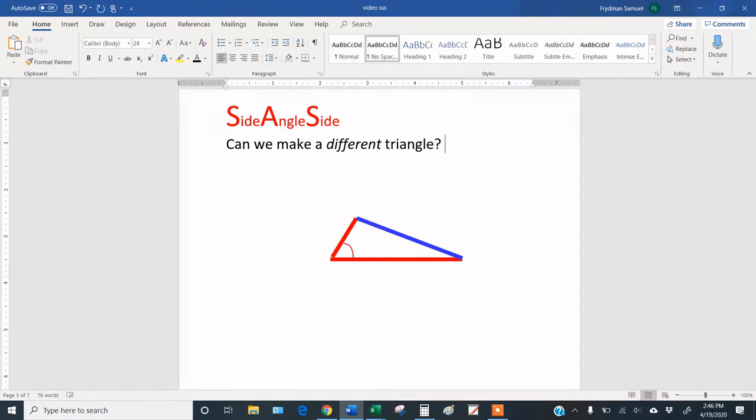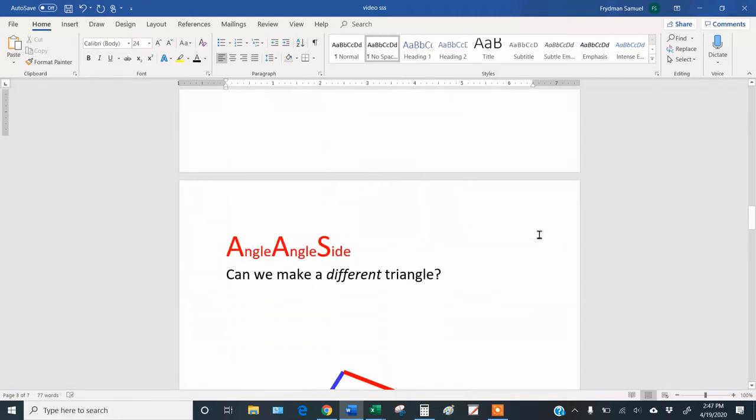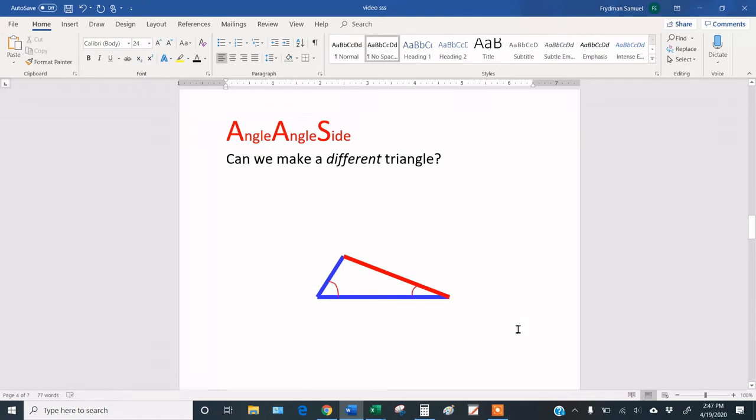So the answer for this one is also going to be no. We cannot make a different triangle when we are given SAS conditions. So let's go ahead and try the next set of conditions, which are AAS.